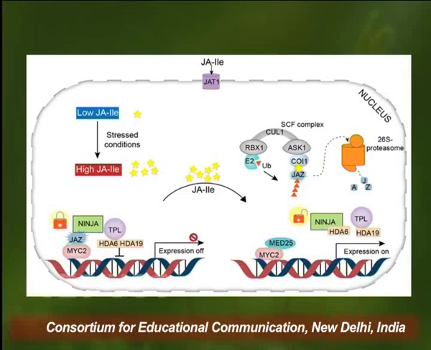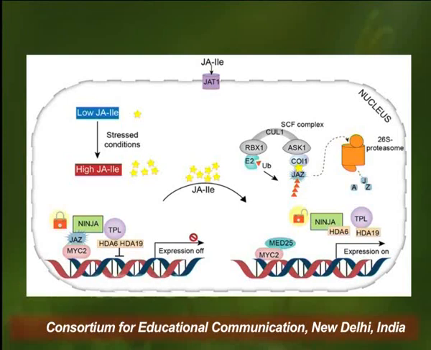enters into the plant system. Before it enters, the NINJA-TPL complex binds to these transcription factors and causes the locking of the transcription factor, so there is no expression of the genes. But under stress condition, jasmonic acid, through JAT proteins, the jasmonic acid transporter proteins, enters into the cytoplasm, whereby it causes the ubiquitination of the JAZ-SCF complex protein, and this ubiquitination causes their degradation.